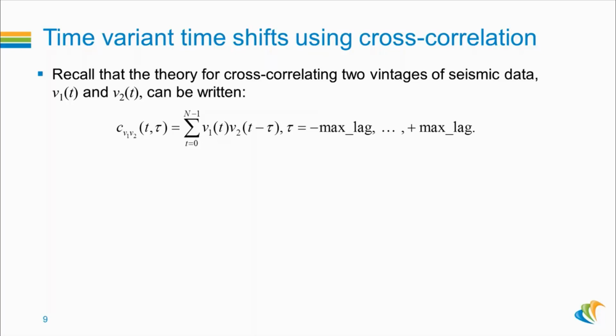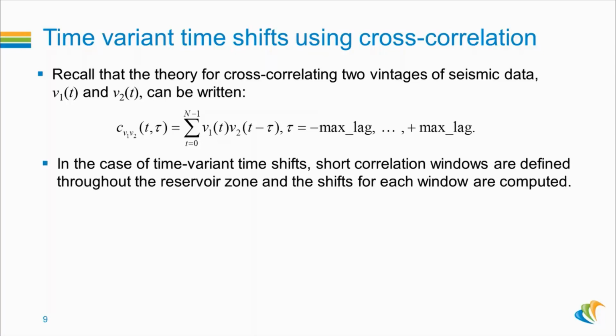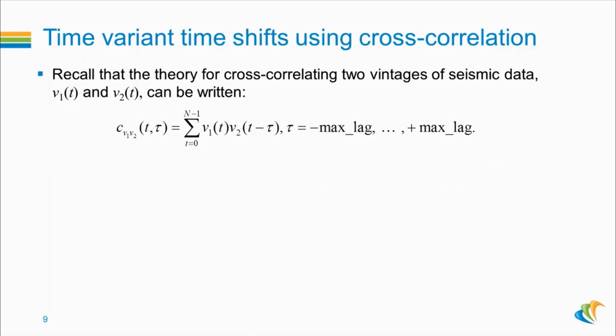The cross-correlation coefficient as a function of T and tau, where you shift the second monitor with respect to the first monitor, or vice versa, from some negative maximum lag to a positive maximum lag. So tau is the lag, and each time you apply a shift, you simply sum the product of the amplitudes of those two traces. I think you should be fairly familiar with the cross-correlation method.